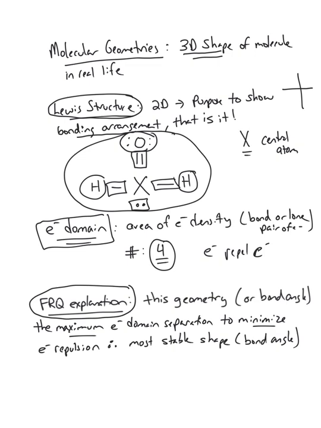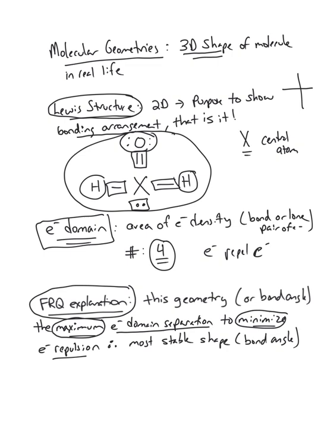You want to go ahead and say it's tetrahedral or trigonal planar, whatever geometric shape you determine it to be. But you'll say this molecule reaches a trigonal pyramidal geometric shape because it, keyword here, maximizes the electron domain separation. It gets them as far away as possible, and this minimizes the electron repulsion.